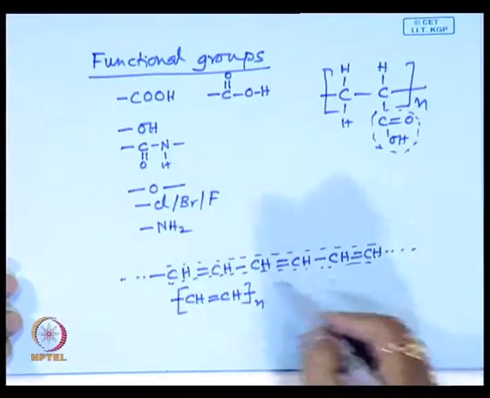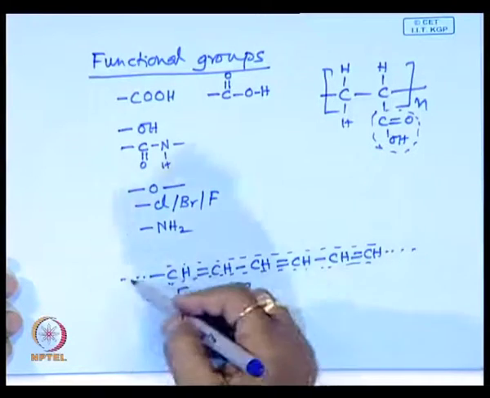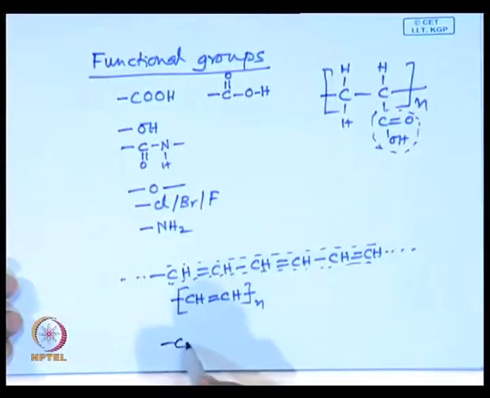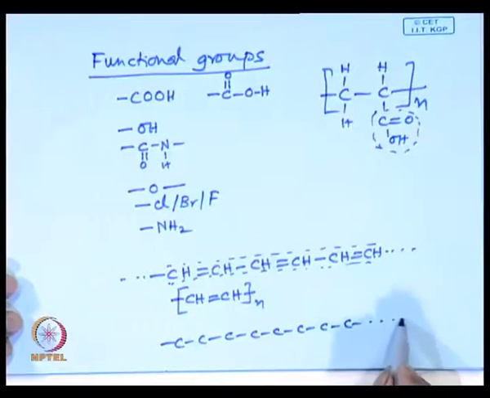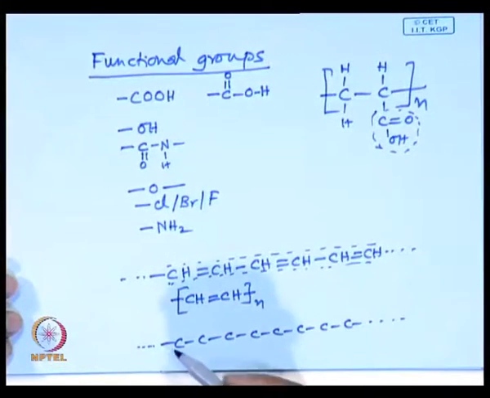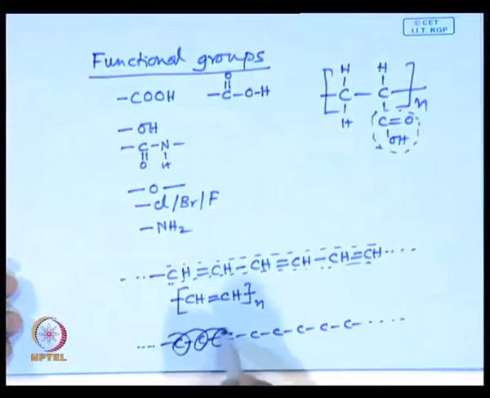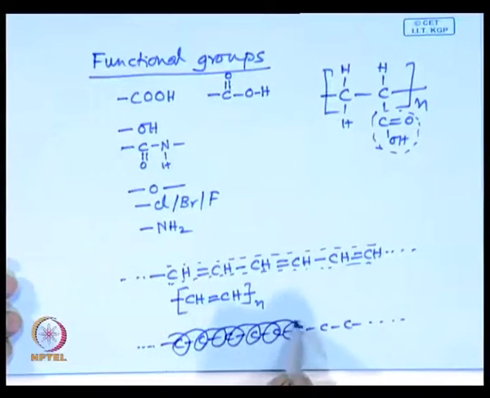That means, in the center of this molecule there is a carbon chain, a carbon skeleton, like this, which continues. Surrounding this carbon skeleton like a thread, it can have a cylinder of pi electron cloud, like a solenoid.